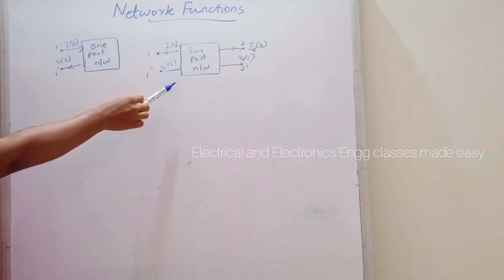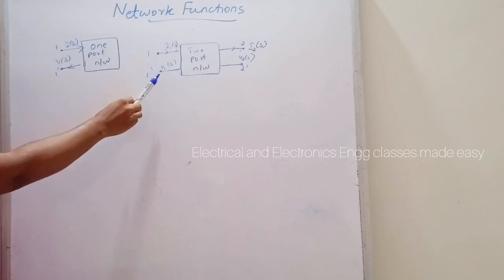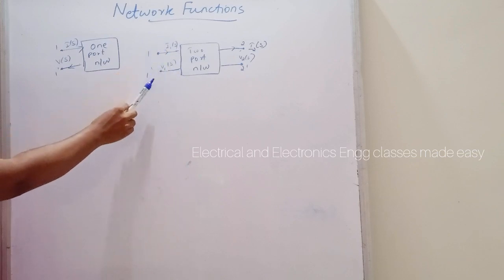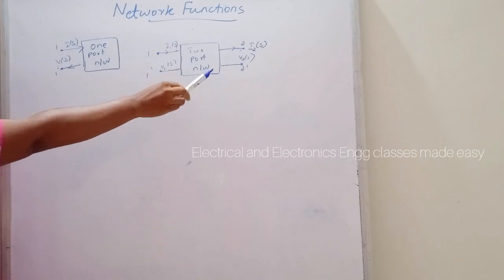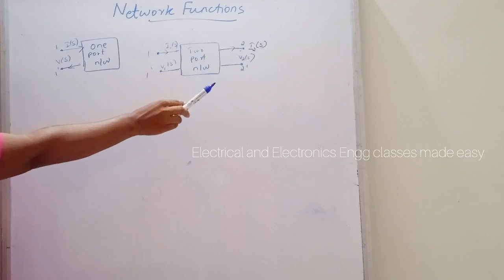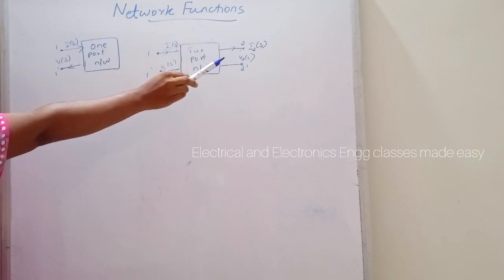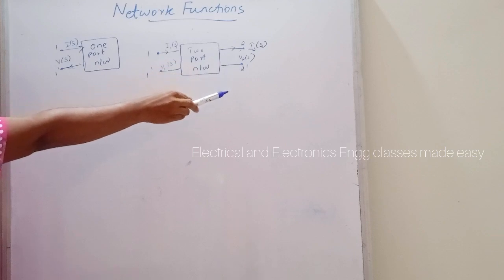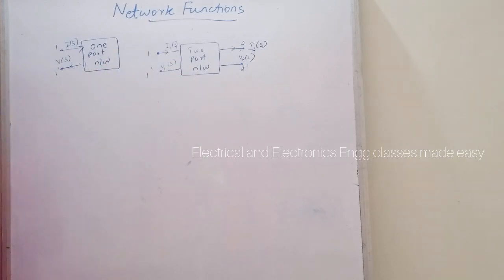In a two port network, if the driving source is connected across 1 1 dash, then the load is connected across 2 2 dash. Otherwise, if the source is connected across 2 2 dash, then the output is taken across 1 1 dash.